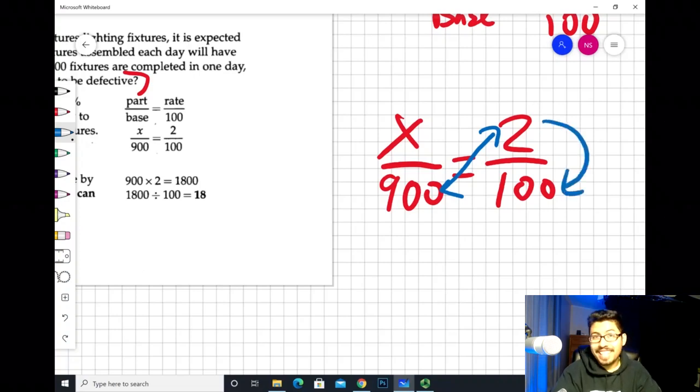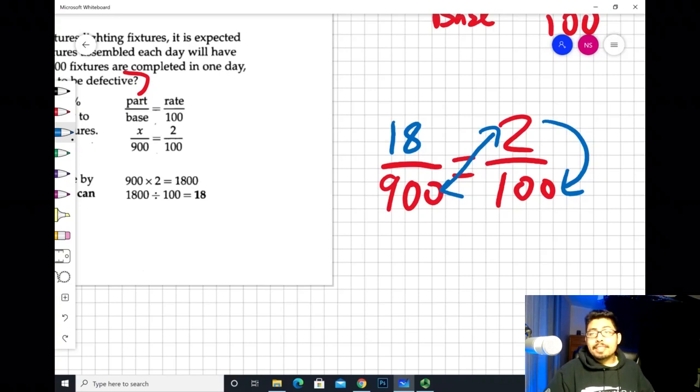In this specific case, with percent proportions, your third number is always going to be the same number, 100. You end up with 18. 18 fixtures out of 900 will be defective, given this specific situation, with 2% out of the 100 being defective.